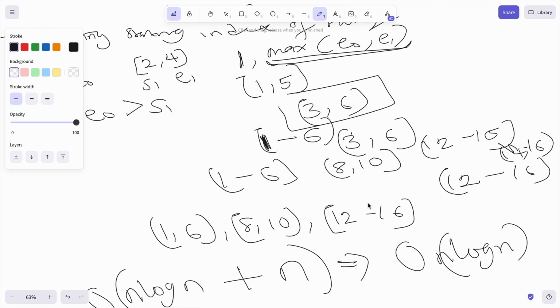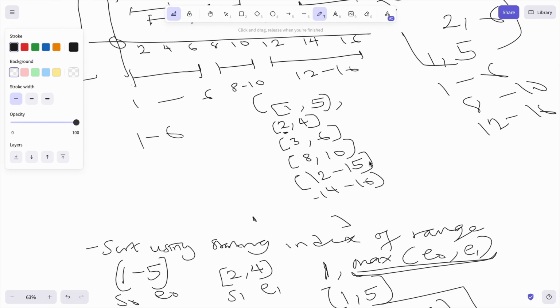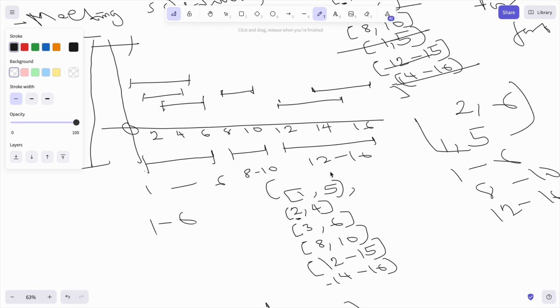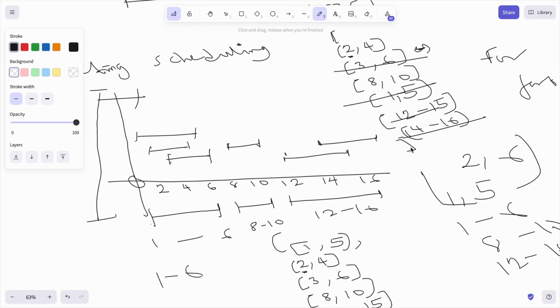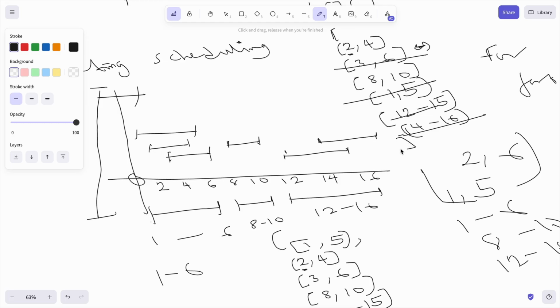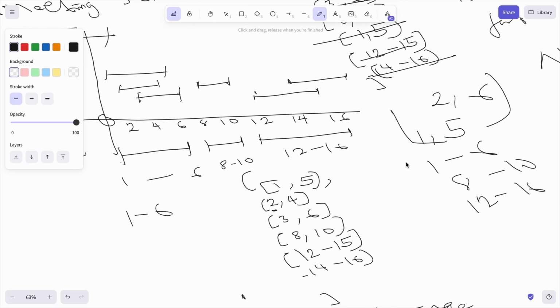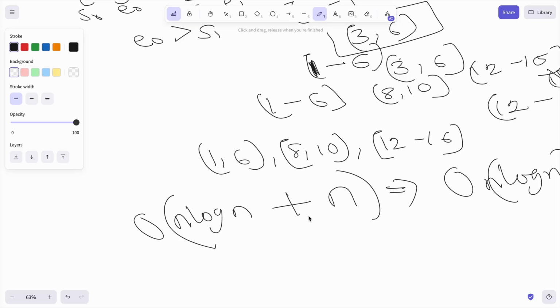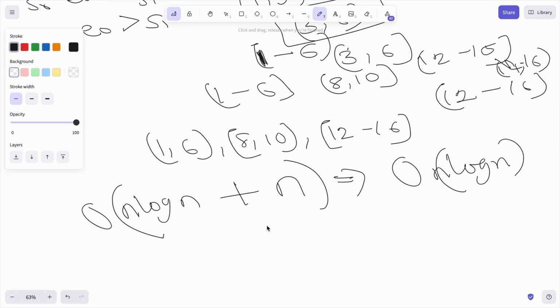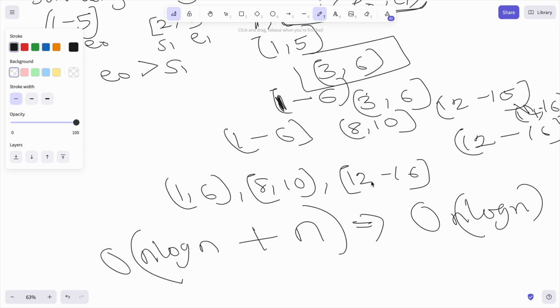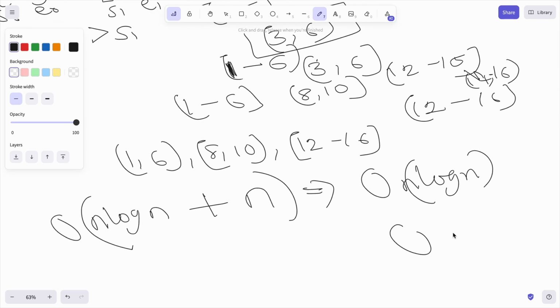Regarding space complexity, depending on the sorting algorithm used, extra space might be needed for sorting, but usually for this kind of problem the sorting is done in place. If the sorting is done in place, we are not using any extra space, and the space complexity is O of 1.